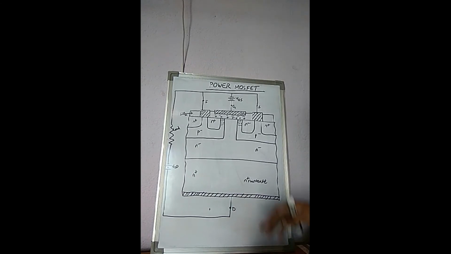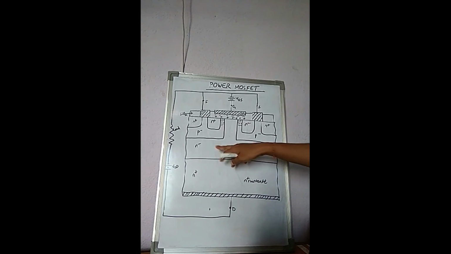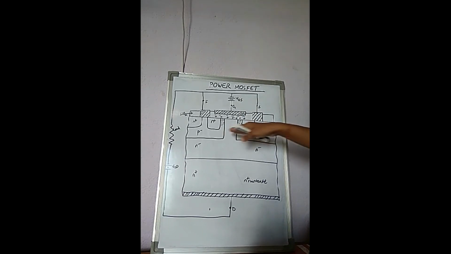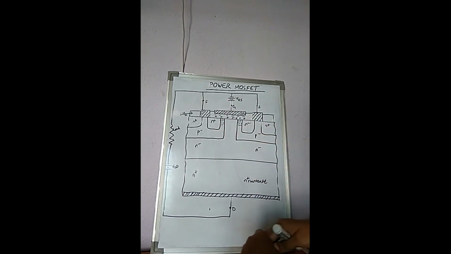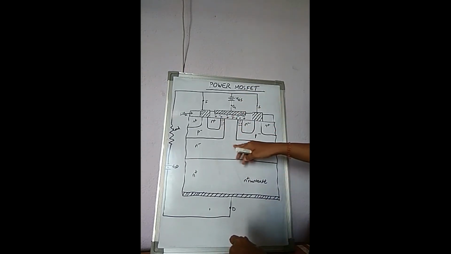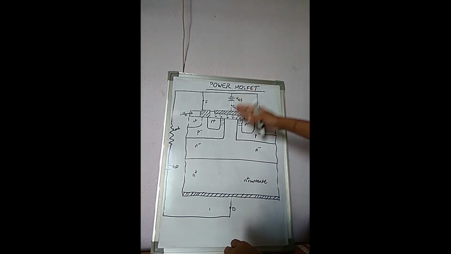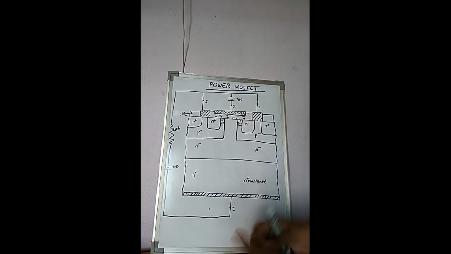Then, over this high resistivity n minus layer, p minus regions are diffused. That means over this n minus layer, a p minus layer is epitaxially grown.